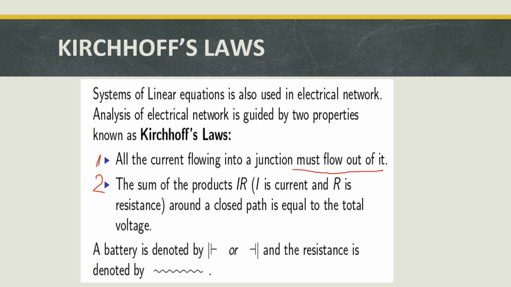The second property is the sum of the products IR, where I stands for current and R stands for resistance, around a closed path is equal to the total voltage.